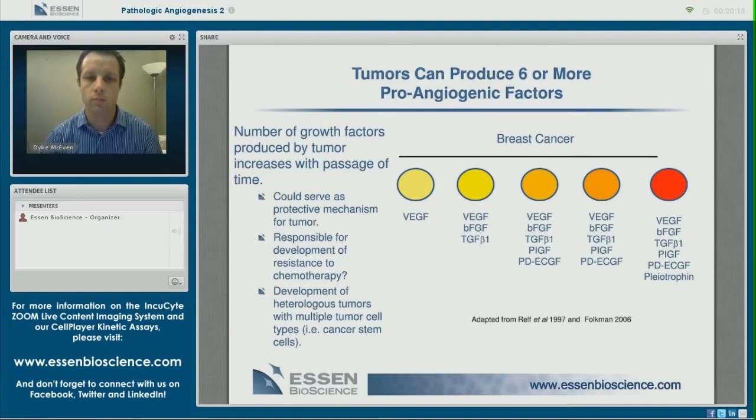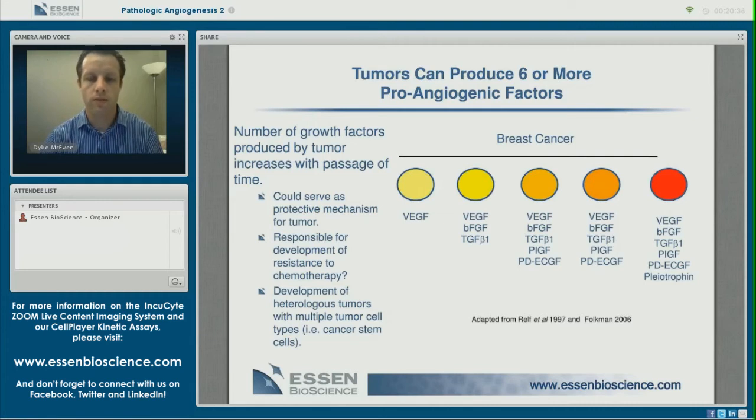It also might be responsible for the development of resistance to chemotherapy. And we see this in the case of VEGF, where anti-VEGF therapies, such as Avastin, are very effective in targeting the VEGF signaling response, but we know that the tumors then develop resistance and eventually overcome the anti-VEGF treatment.